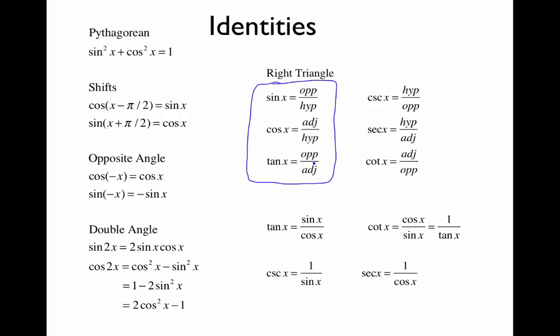In the triangle, take the reciprocal of the tangent ratio, so it's adjacent over opposite. Okay, so this is just scratching the surface, okay? These are the most basic ones that you should definitely know, but there's many, many more, okay?